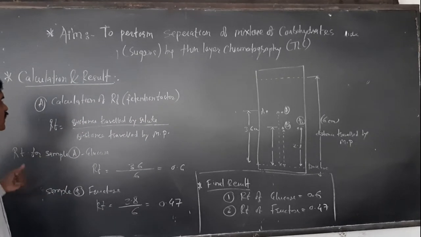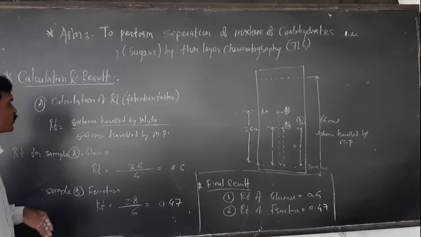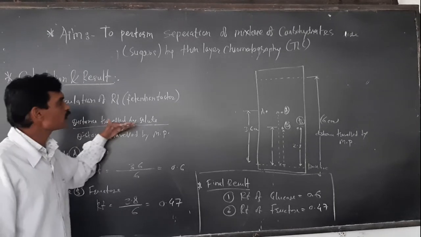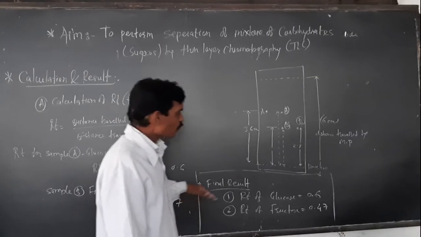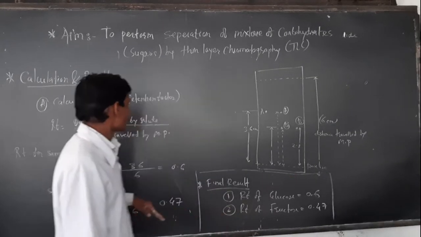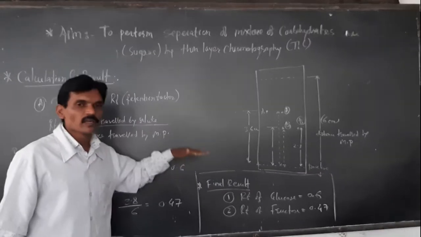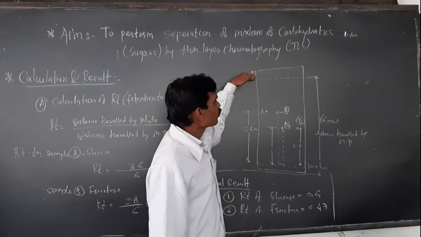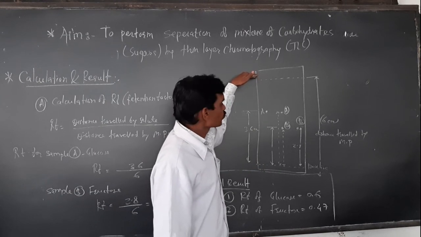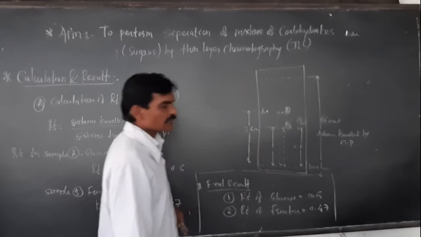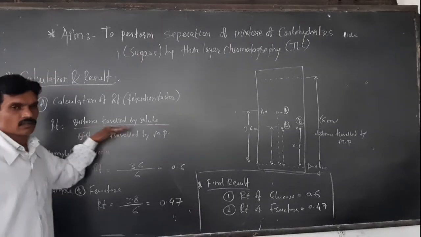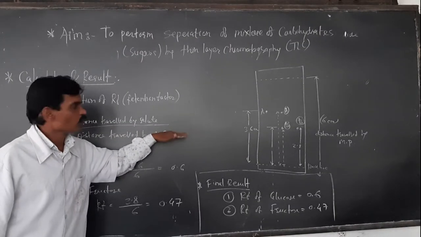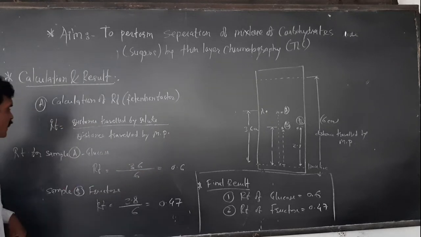The retention factor is calculated by dividing the distance traveled by the solute, here our component of the mixture, by the distance traveled by the mobile phase from the baseline. This is the baseline and up to this we allowed the mobile phase to travel. This is called the distance traveled by the mobile phase. Whatever value we get is known as the retention factor.